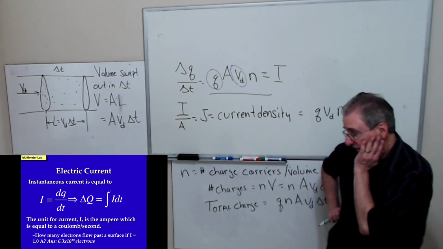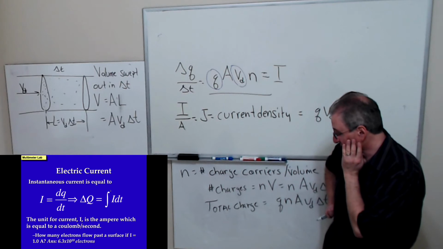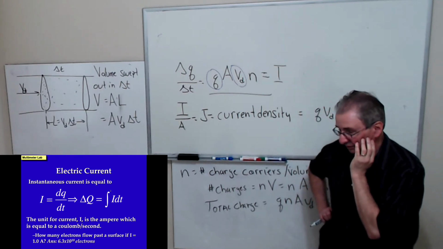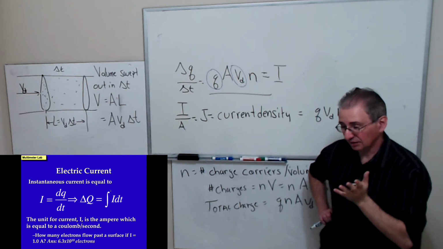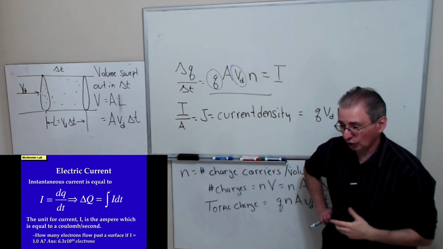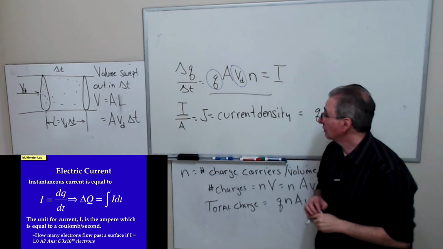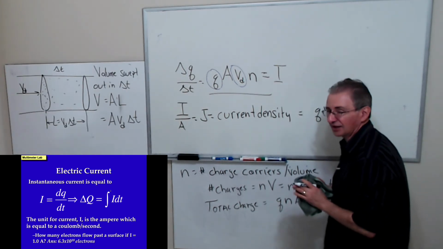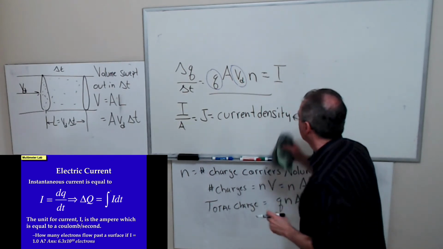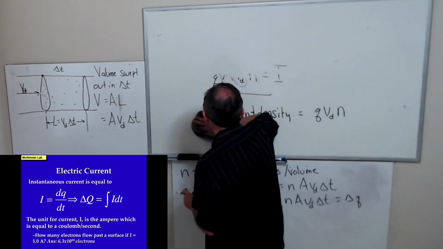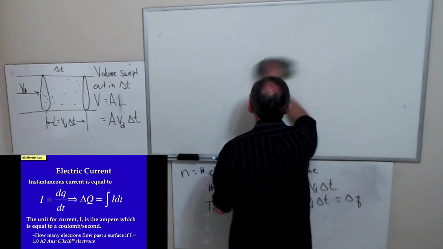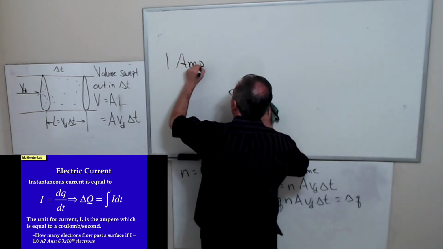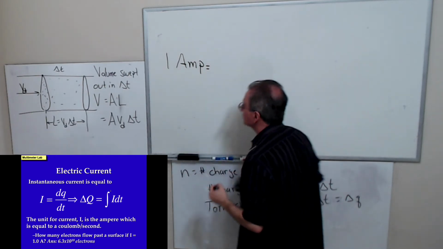So we talked about the fact earlier that 1 amp is a large value. The amp is a large unit of current. So let's do a quick calculation to figure out how many electrons per second is 1 amp. Well, that's 1 coulomb per second.